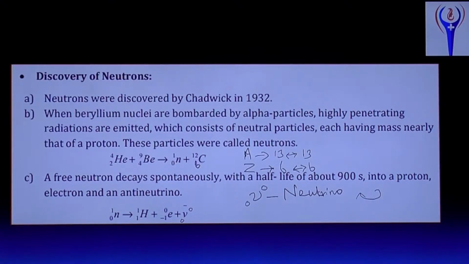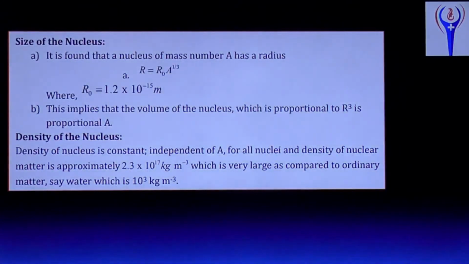Can we move to next? Size of the nucleus, we have already given slightly, as R equals R naught into A power 1 by 3. R naught is a constant value, 1.2 Fermi, and what is A?